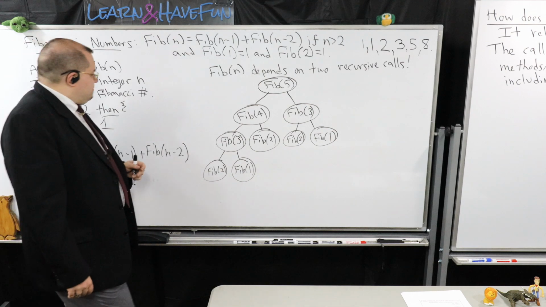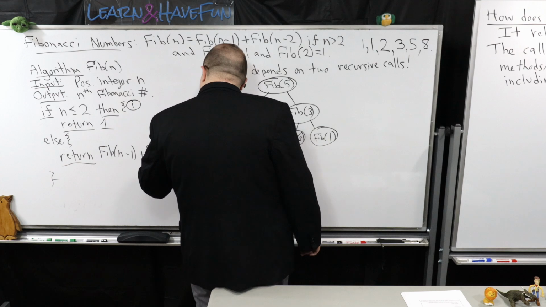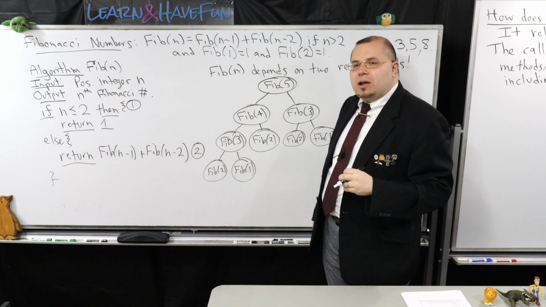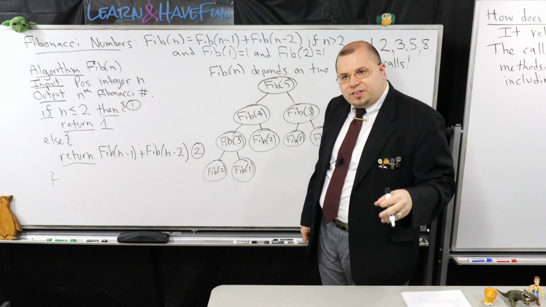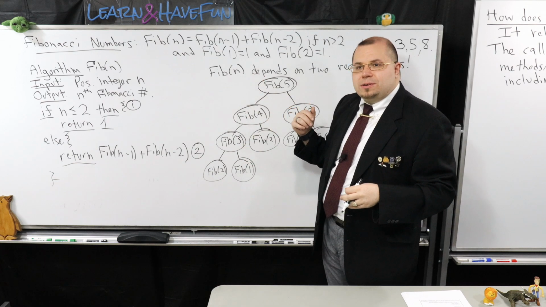So question. I have two things here that seem of interest. Can you tell me which is the recursive case versus the base case? So tell me what 1 is and what is 2.